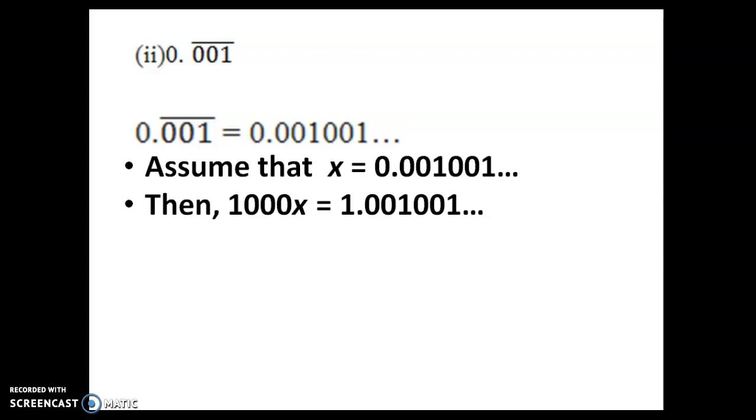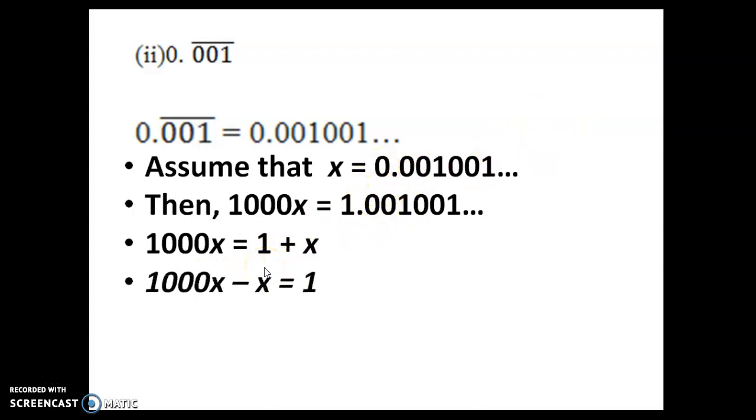Here we want 1 plus x, so that's why we are bringing the decimal point till 1. That's why we have to multiply 1000 into x. So 1000x is equal to 1 plus x. We are bringing this 1 separately and the decimal part as x. That's why we are writing like this.